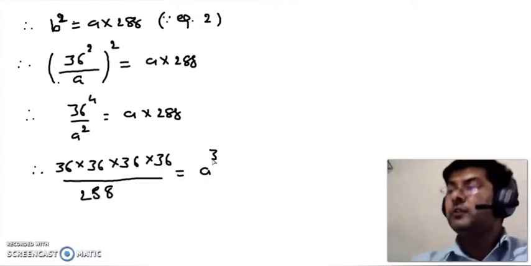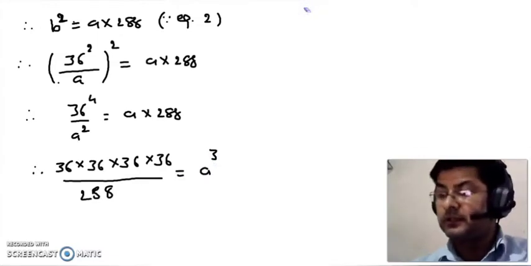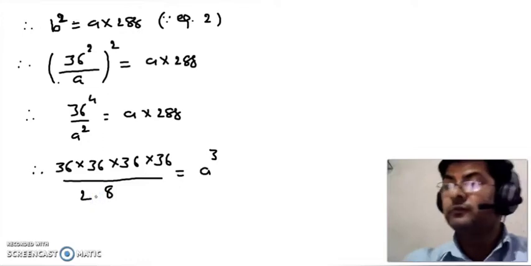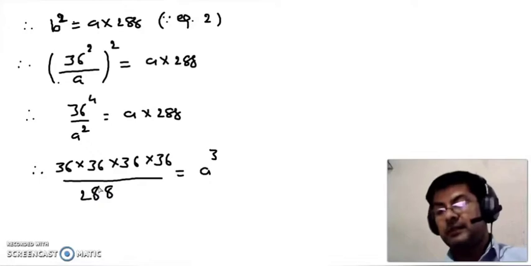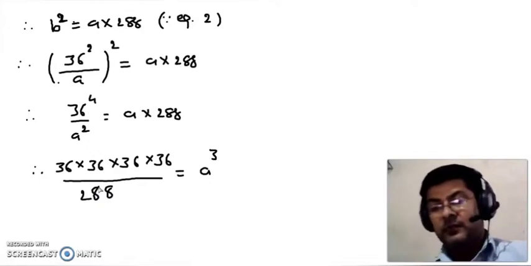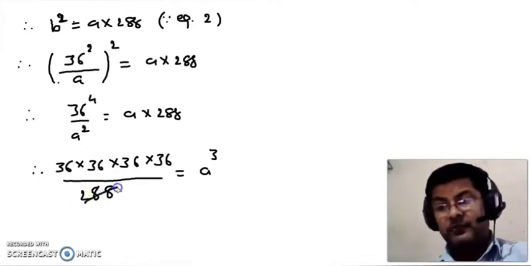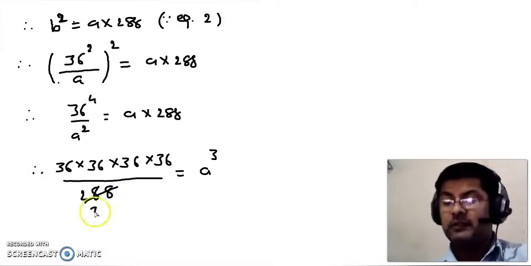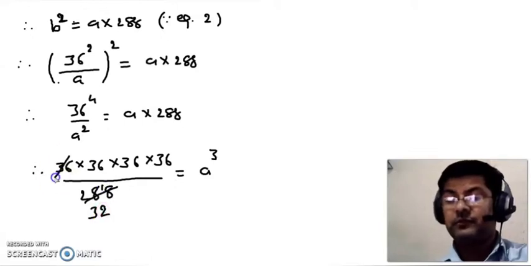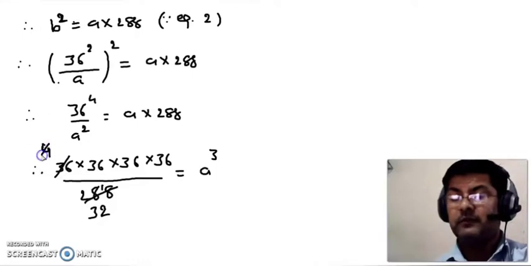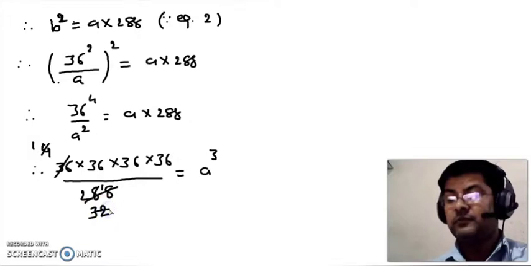Clear? Now let us calculate. By 9 we can reduce. 9 3s are 27, and 9 2s are 18, 9 4s are 36. Again 4 1s are 4, and 4 8s are 32.